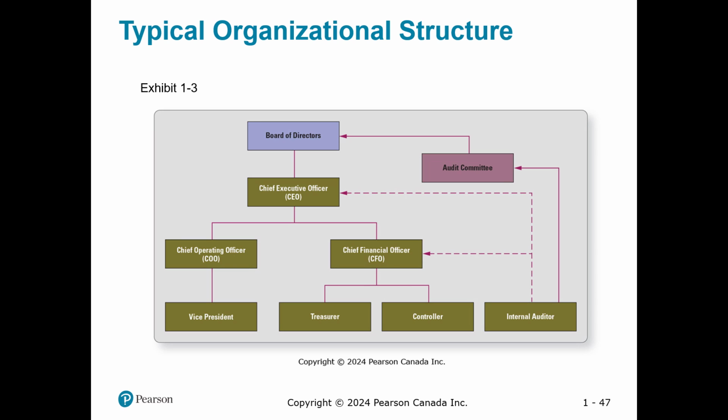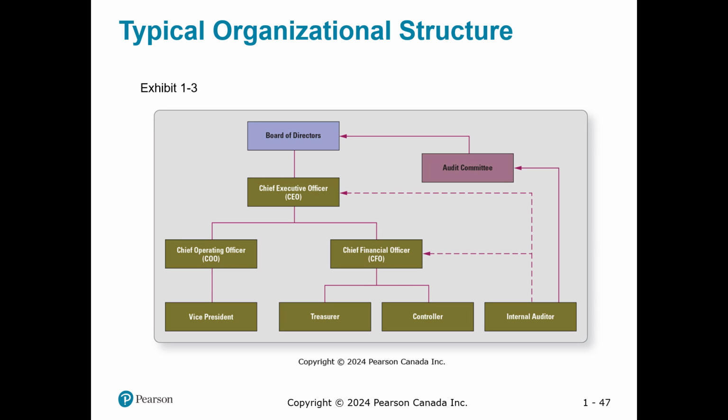So here is a sample organizational structure. You can see that there's a board of directors. The audit committee reports to the board of directors. The chief executive officer reports to the board of directors. Under the chief executive officer, there's the chief operating officer, the COO, the chief financial officer, the CFO, and then there's going to be other individuals below them.